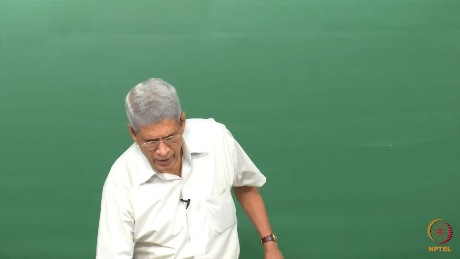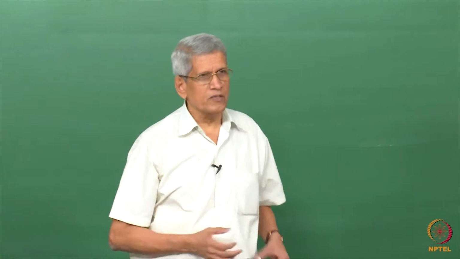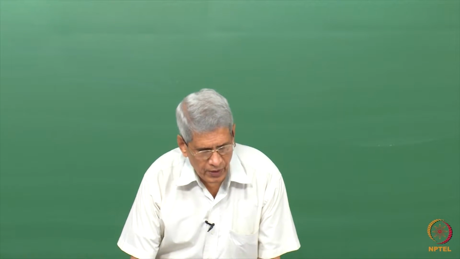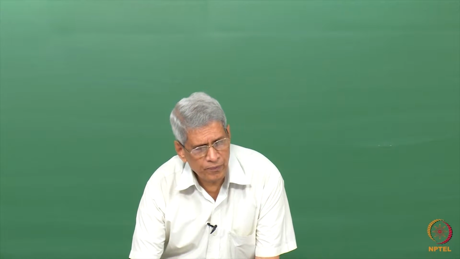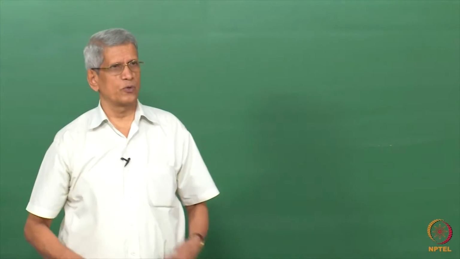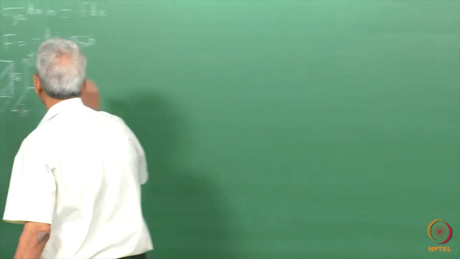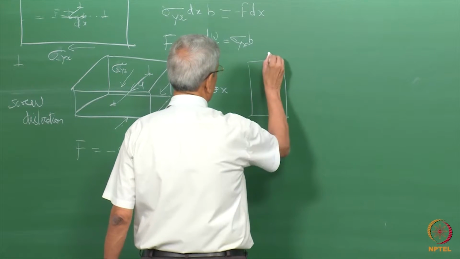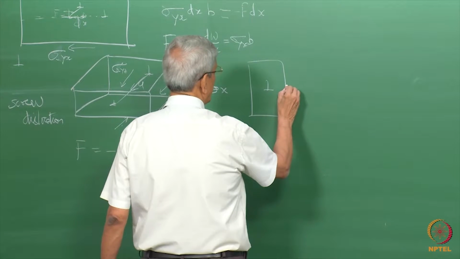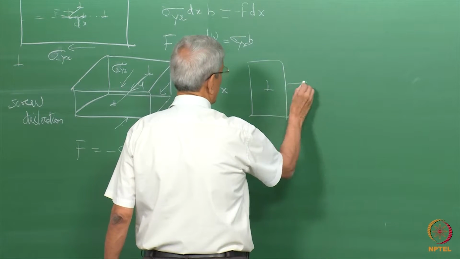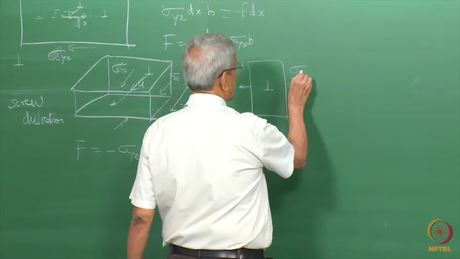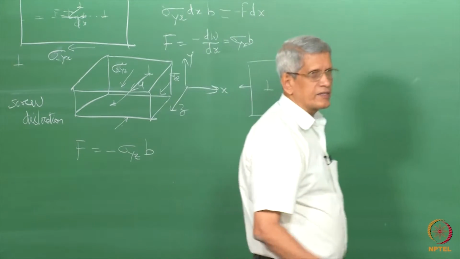I am just showing many cases where it's not that easy. Let us take a material which contains an edge dislocation instead of a screw dislocation. Instead of a shear stress, we apply a tensile or a compressive stress on these surfaces.